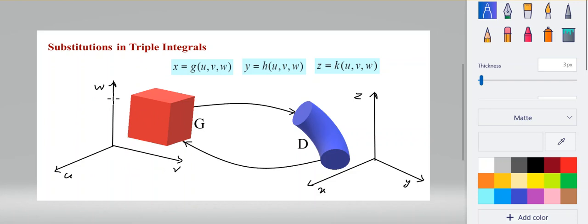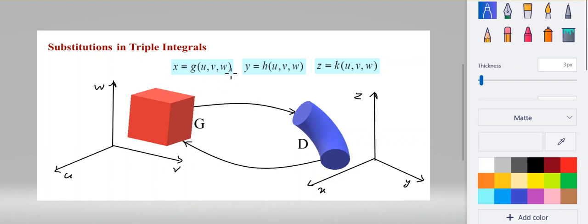So we have two three-dimensional spaces. Here we have a region G in this space, and here we have this region D in this space. So when we say we are using this substitution, it means we have a one-to-one mapping from here to here.